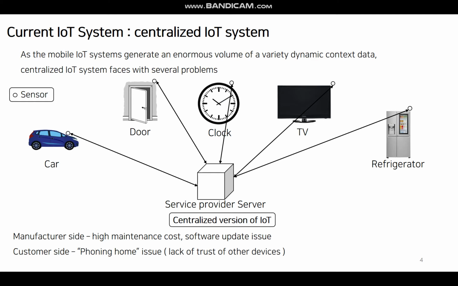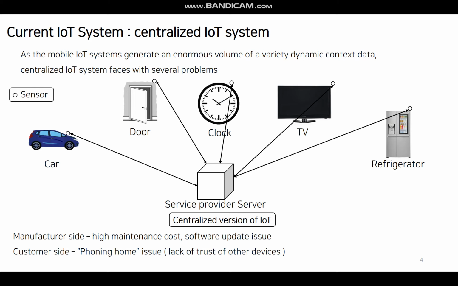From the perspective of the manufacturer, the manufacturer has high maintenance cost and software update issues because everything is just connected to the service provider server. So the burden the server has is really high. And from the perspective of the customer, there is a phoning home issue.